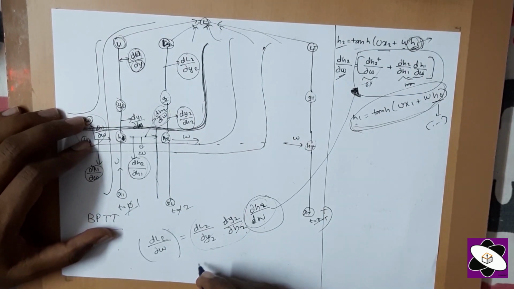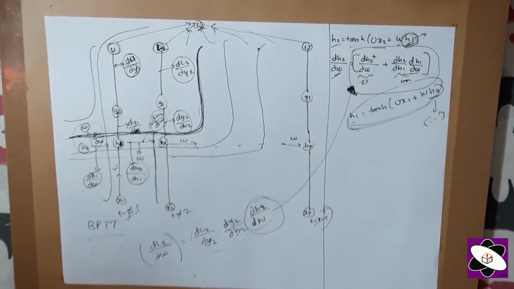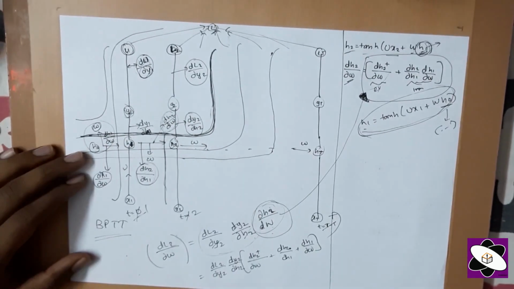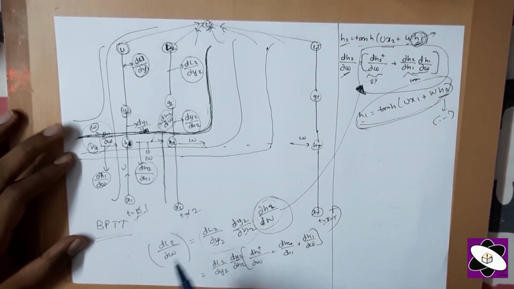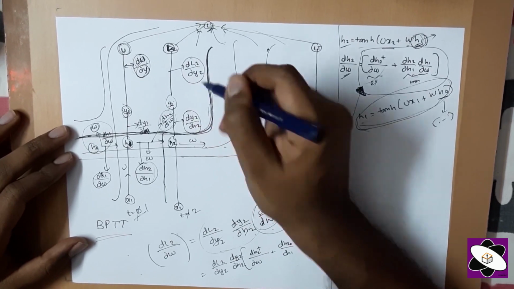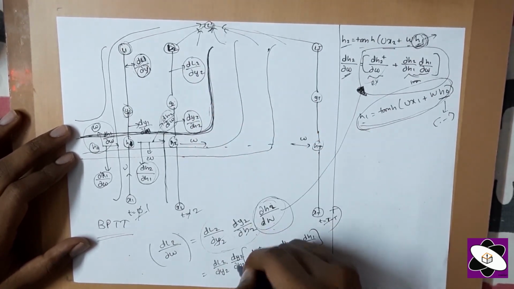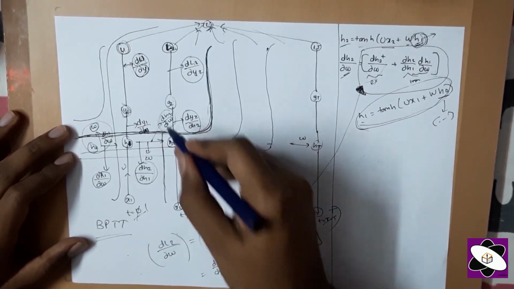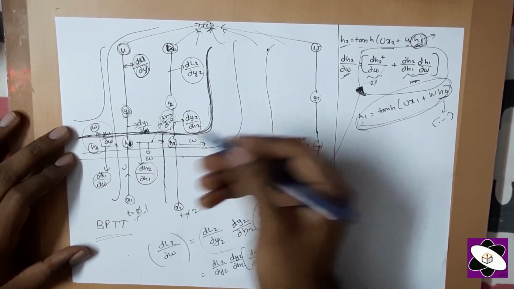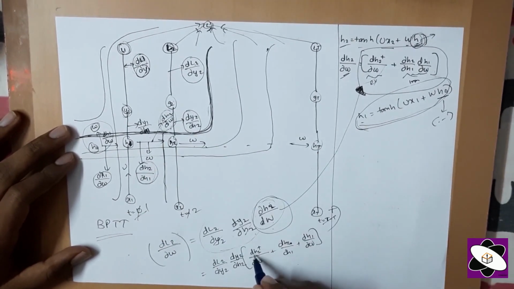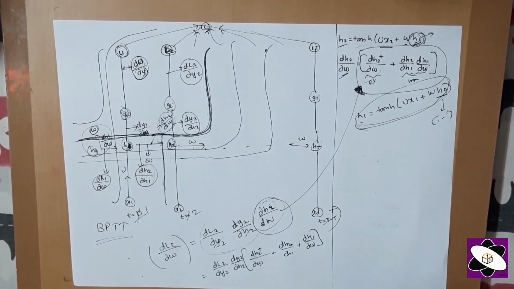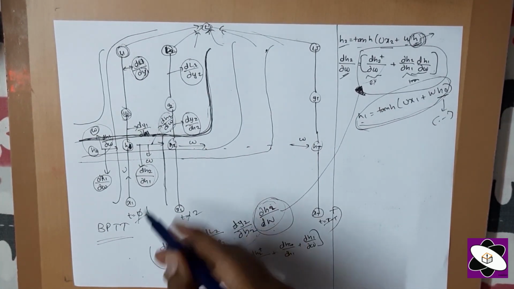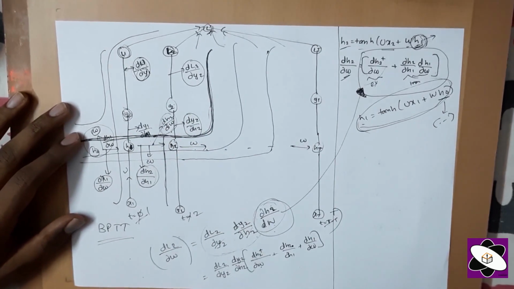So dL2 by dW is this, and you can also verify that dL2 by dW is dL2 by dy2, then dy2 by dh2, then dh2 by dW. We need to first find dh2 with respect to dW, like whatever we found previously also for dL1 by dW.